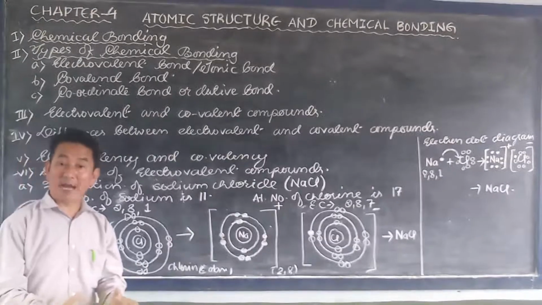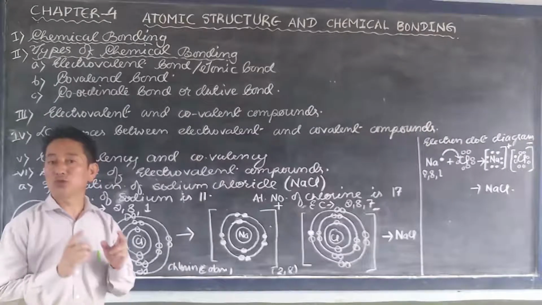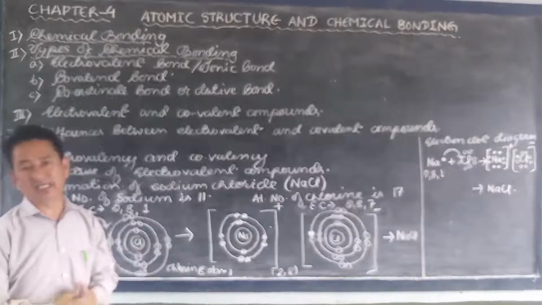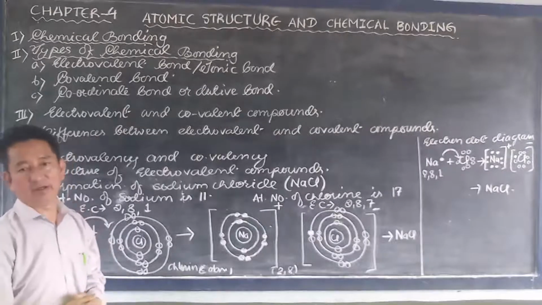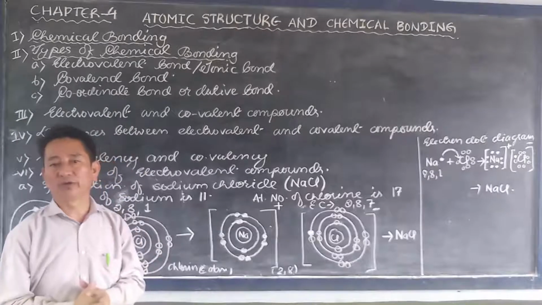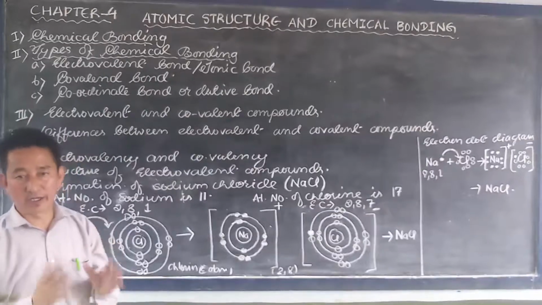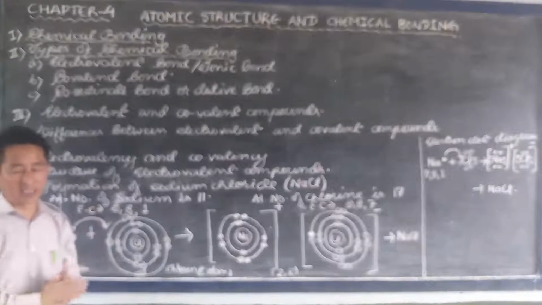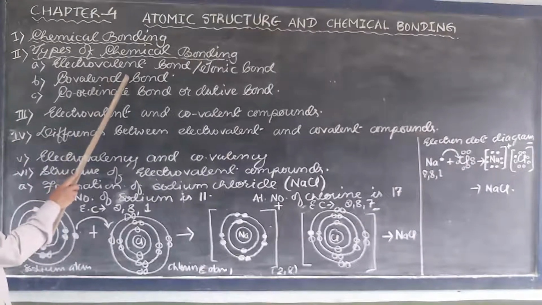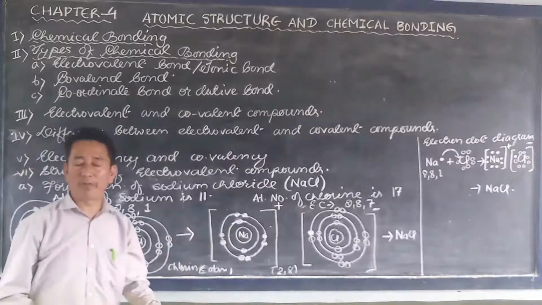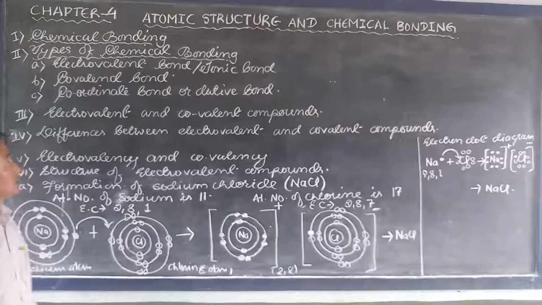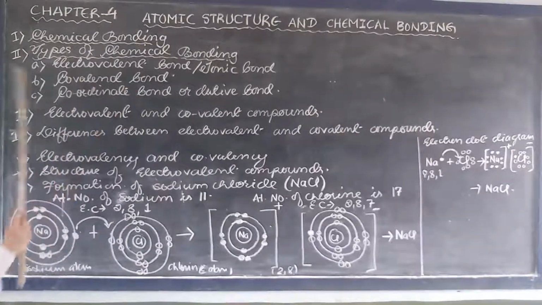As you know, metals have 1, 2 or 3 valence electrons, and they have a tendency to donate the valence electrons and acquire the stable electronic configuration of the nearest noble gases. That means the chemical bond which is formed by the transfer of valence electrons from metal to non-metal is known as an electrovalent or ionic bond.